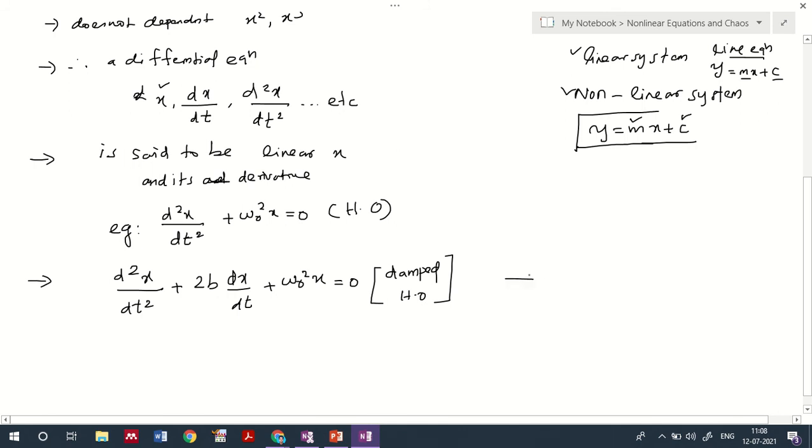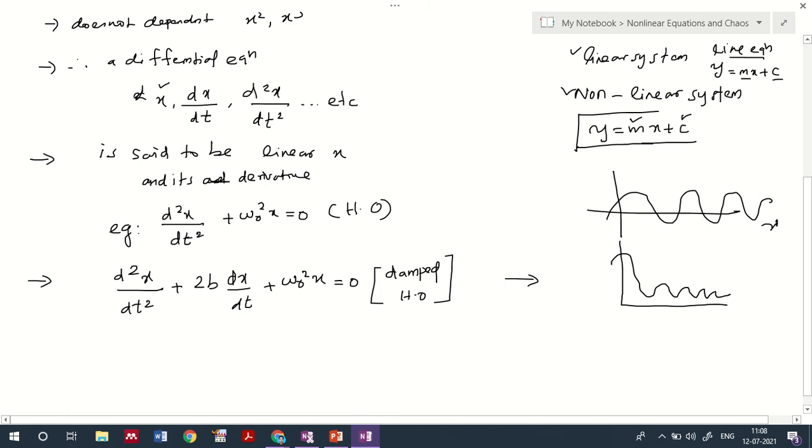So hope you remember the waveform corresponding to a damped harmonic oscillator, which will have a representation slightly like this. If there is no damping, the amplitude will be the same over time.